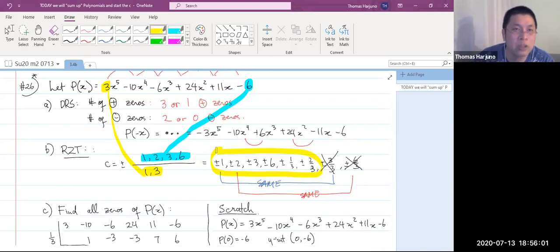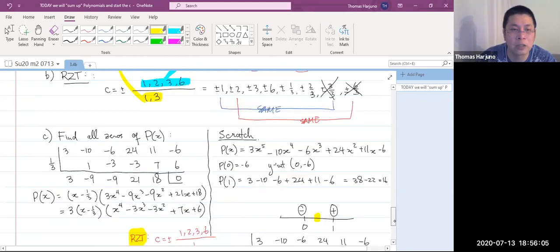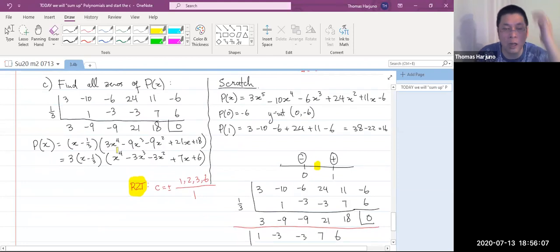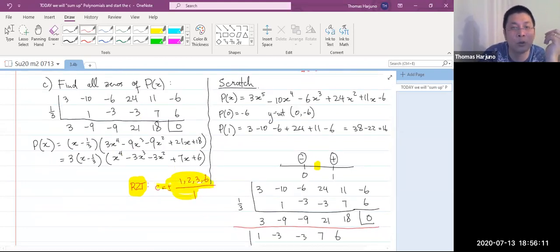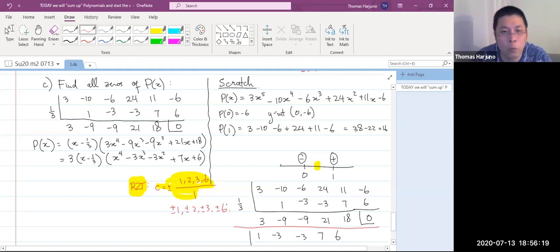Once I divide by x minus 1/3 and factor another 3 out, the candidates are plus minus 1, plus minus 2, plus minus 3, plus minus 6. Notice that we don't have 1/3 or 2/3 as a candidate anymore. Is it okay?